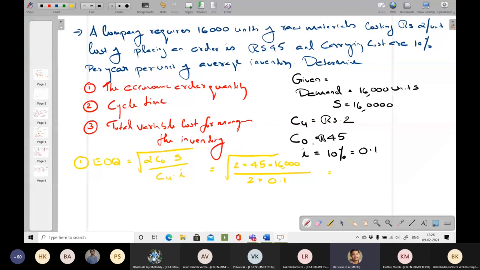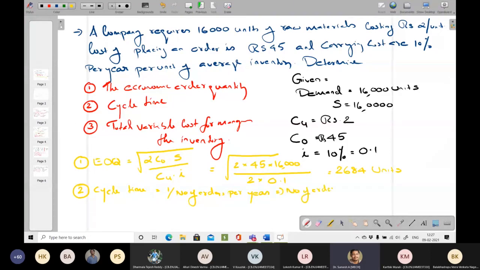So next is cycle time. Cycle time is 1 divided by the number of orders per year. So you can calculate the number of orders per year.